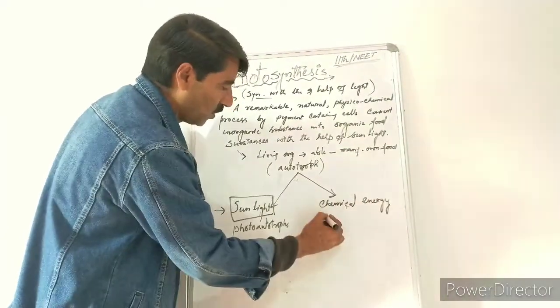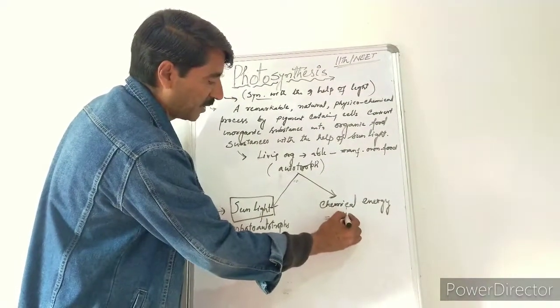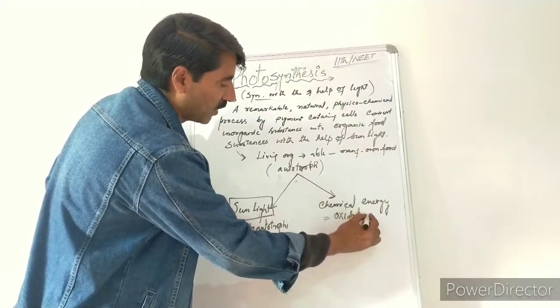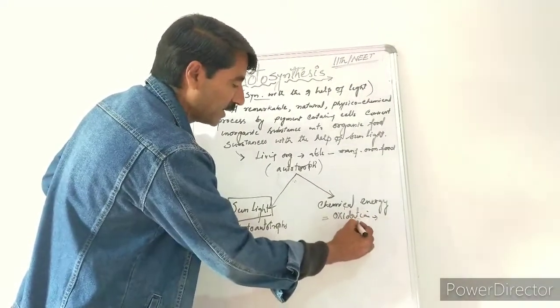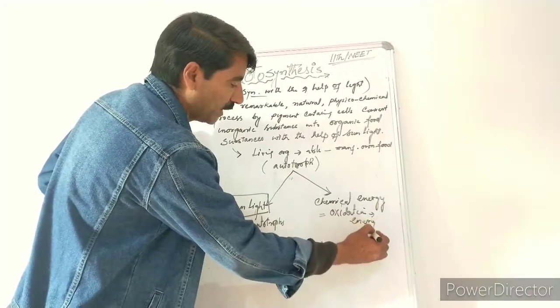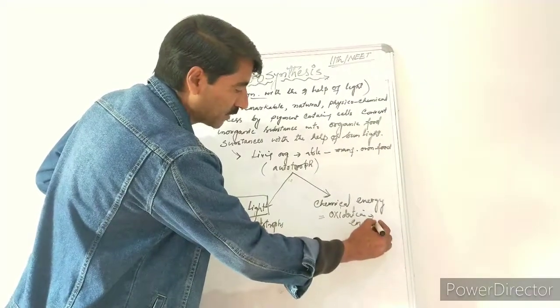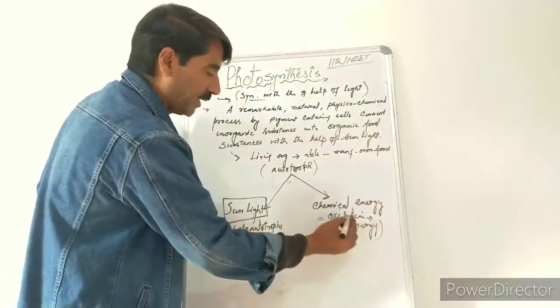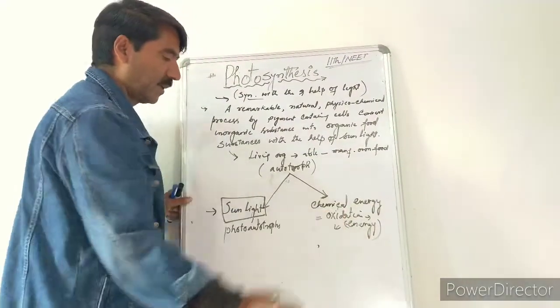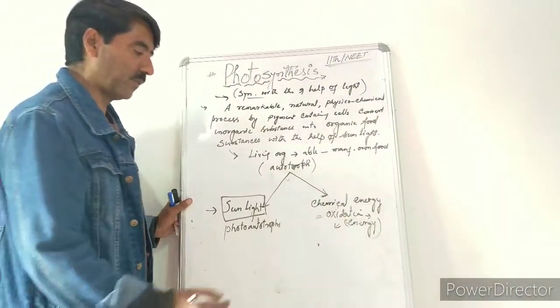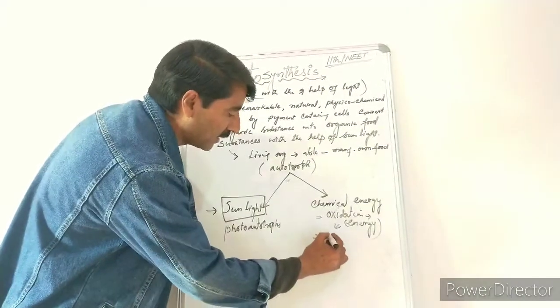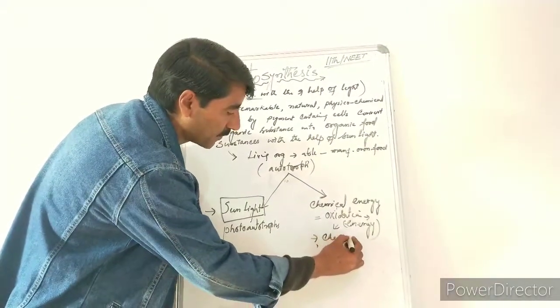Those chemical reactions which are especially oxidation reactions, and they release energy, that is they are exothermic or exergonic reactions. This chemical energy is being utilized for the manufacturing of the food. Then these are called as chemoautotrophs.